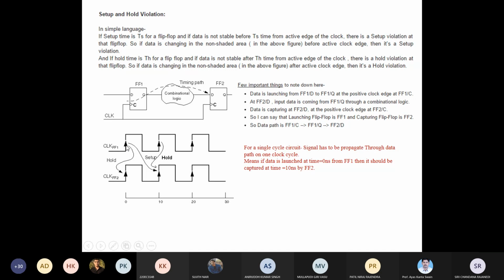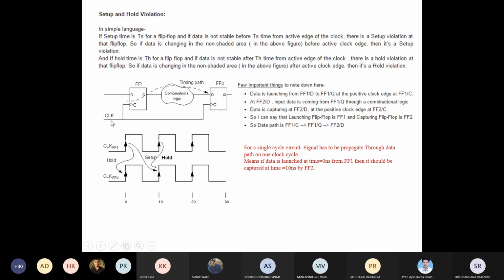Assume that at 0 time units the clock is on, that is, it is becoming a positive edge trigger. At that time, assume input data is available at D.